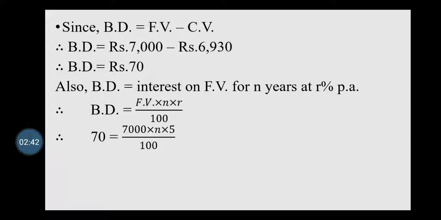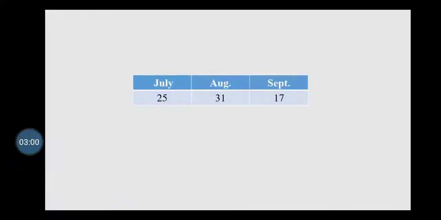So, 70 equal to 7,000 into n into 5 upon 100. Therefore, 70 equal to 70 into n into 5. When we solve this, we will get 5n equal to 1.